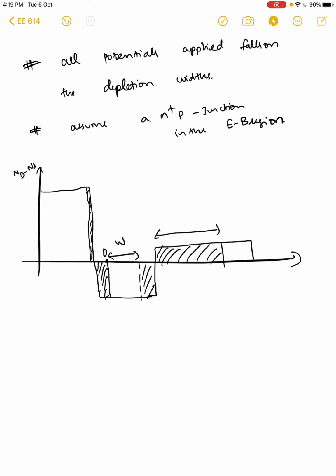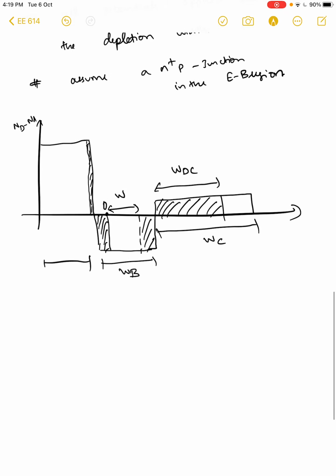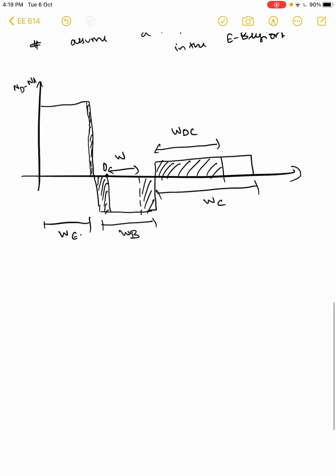This width is WDC, the depletion width in the collector, and we will call this WC, the total width of the collector. We will call this the width of the base, and we will call this the width of the emitter.